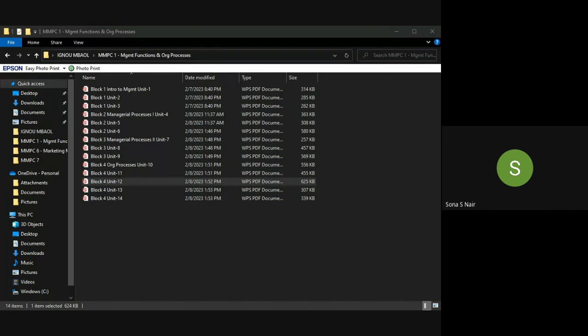There would be one unit wherein you would have to read and come up with queries if you have any, and then I would ask ma'am for a specific session where I can help you out with your queries.